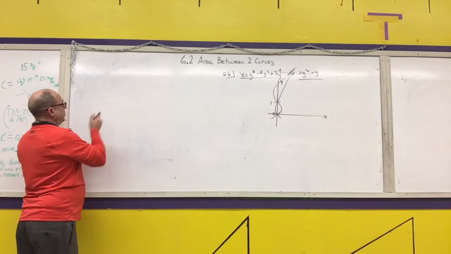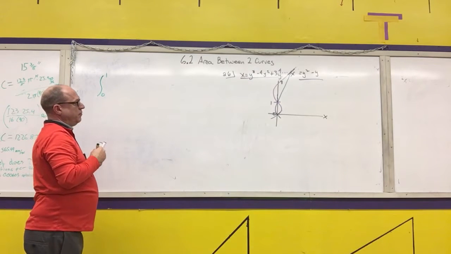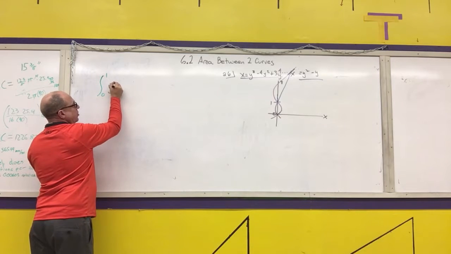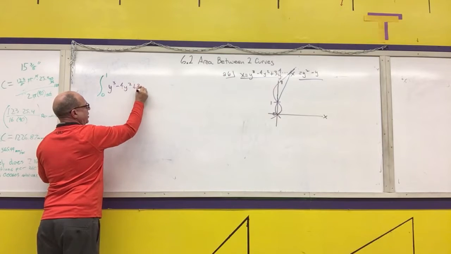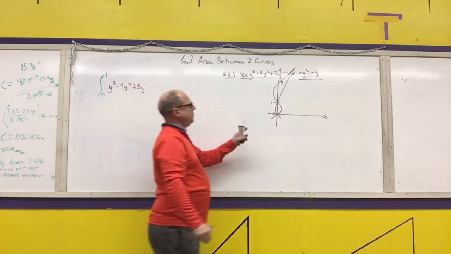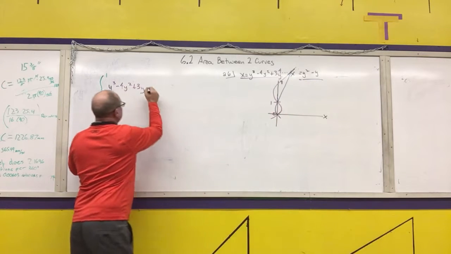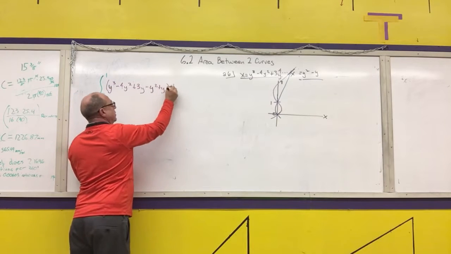So my first integral is the integral from 0 to 1 of the purple function, y cubed minus 4y squared plus 3y, minus the blue function, minus y squared plus y, dy.